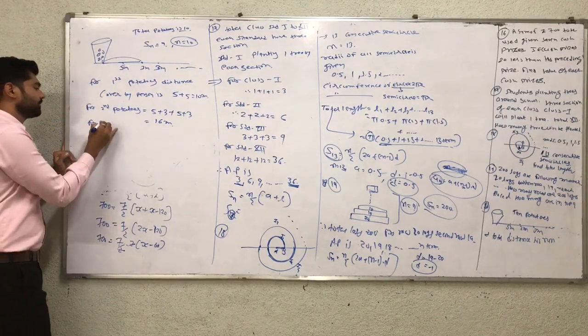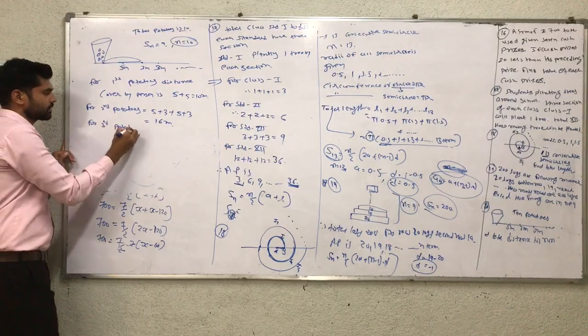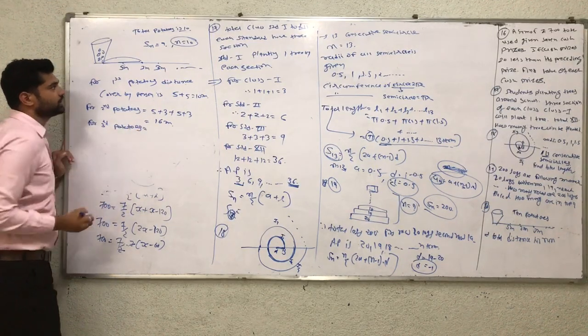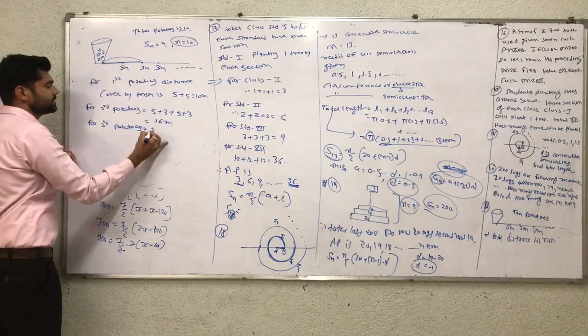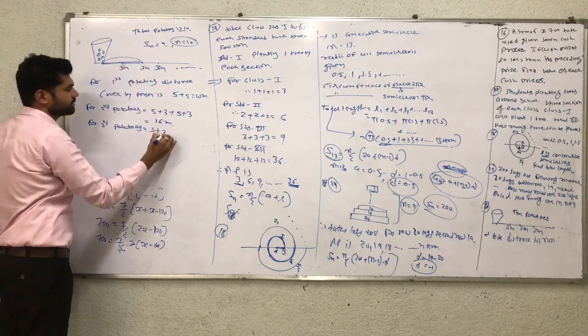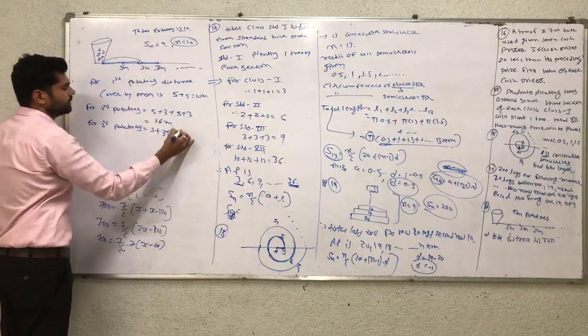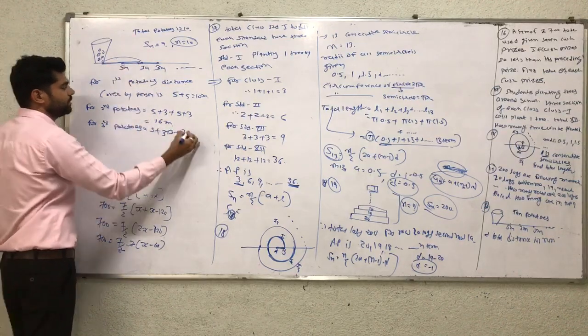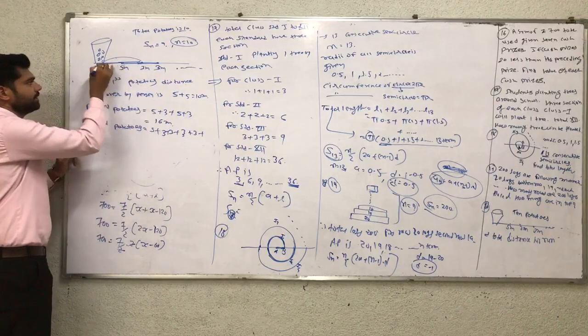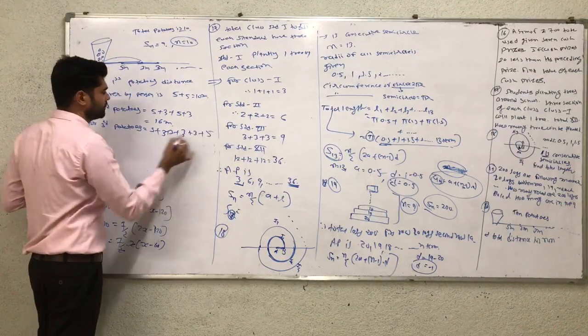For the third potato, we have to cover a 5 meter distance plus 3 meter plus 3 meter. Now back 3 meter, 3 meter, and 5 meter to reach the bucket.